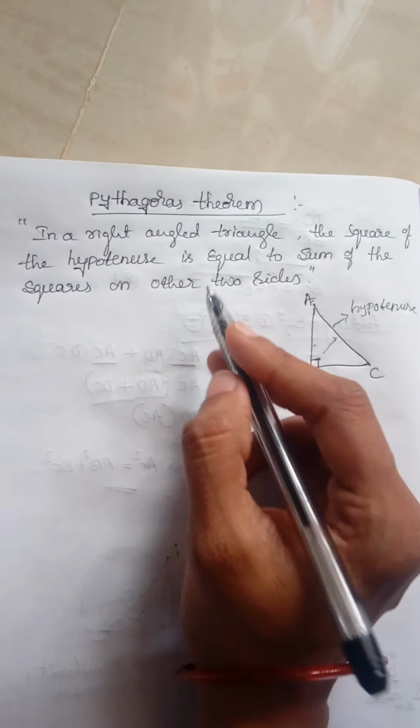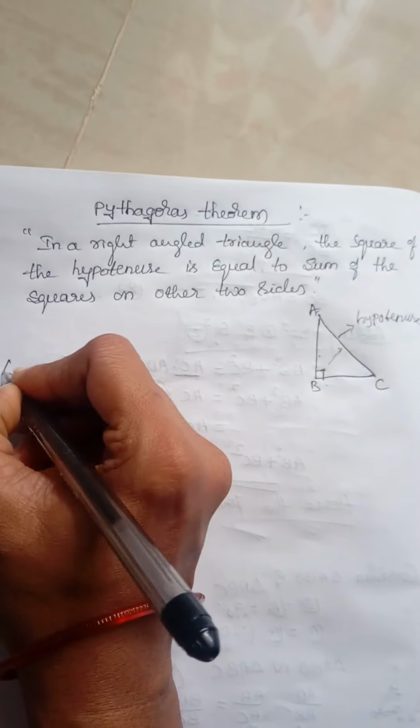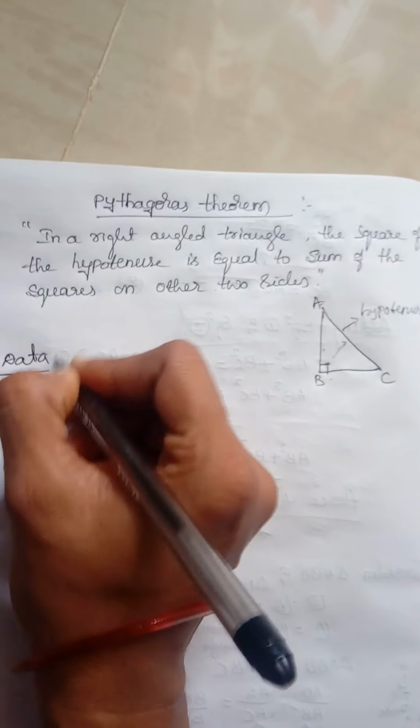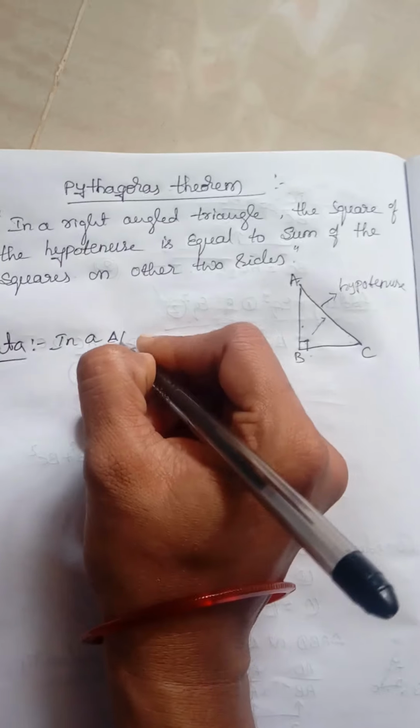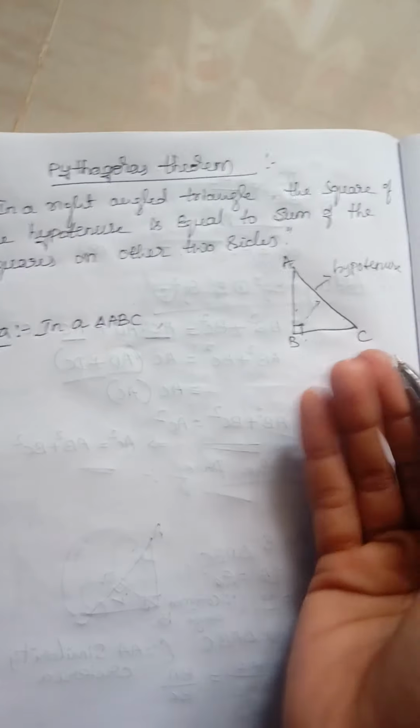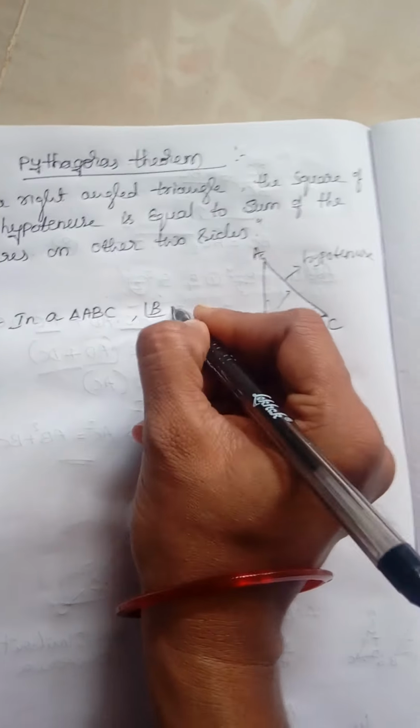Okay. In the Pythagoras theorem, first write the data. Data means in a triangle ABC, angle B is 90 degrees.